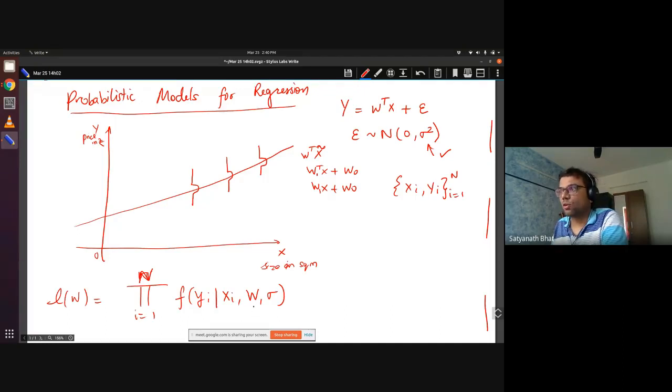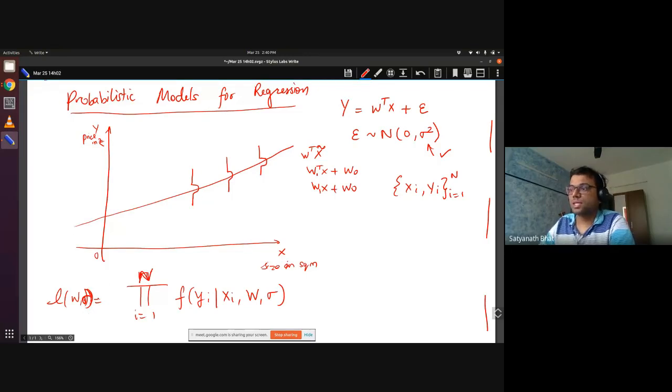If you want, we can also make it a double: you can also take a likelihood with respect to sigma and try to find which sigma best explains it. Perhaps it's better to take that because you may want to learn sigma also. All we are saying is it's a normal distribution with some fixed sigma, but we don't know what that sigma is. So let's take both of them.